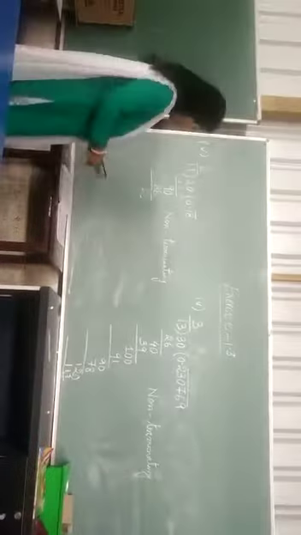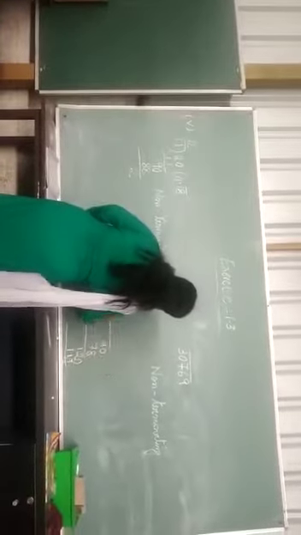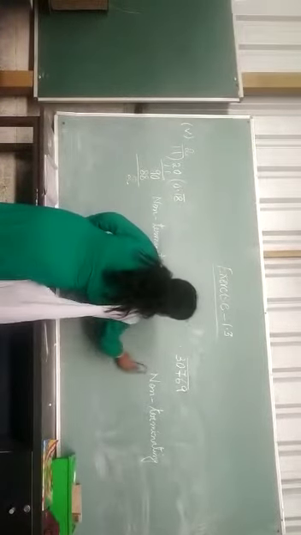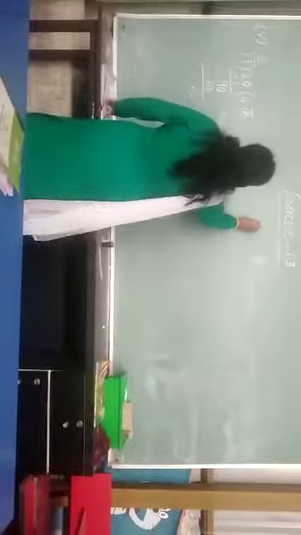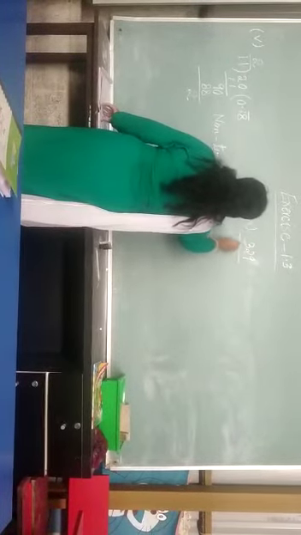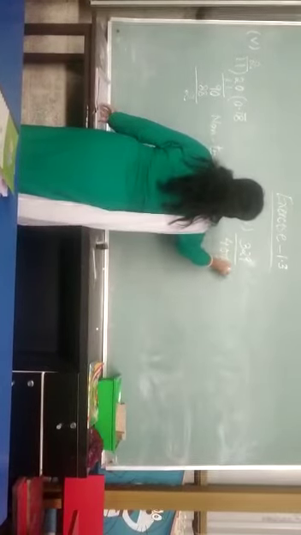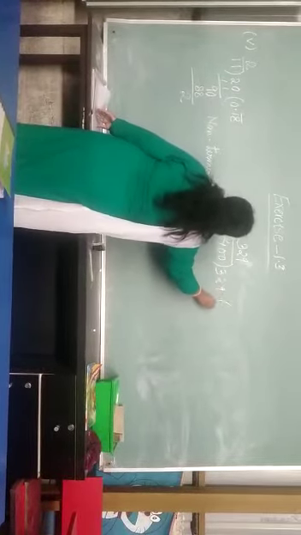The last one, question number 6. What is there in question number 6? It is 329 by 400, right? Now 329 is a smaller number than 400.